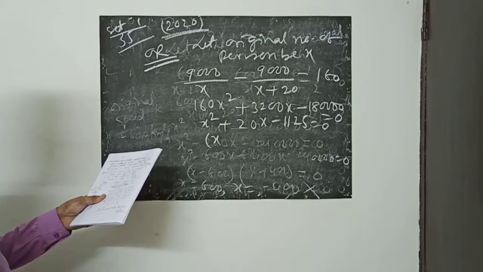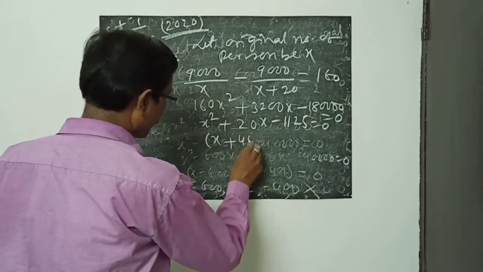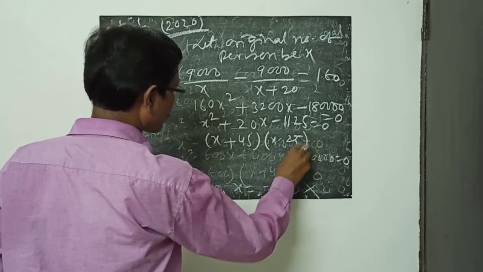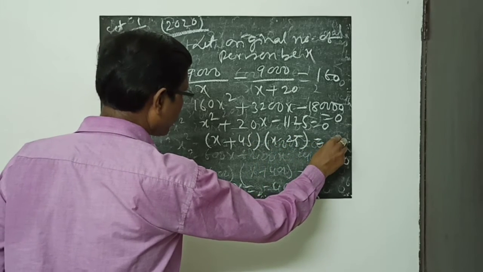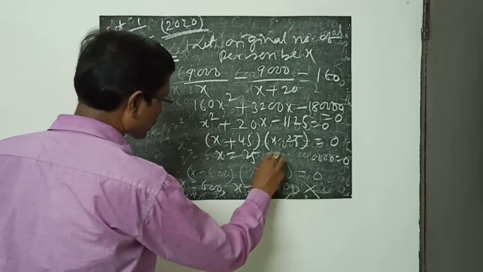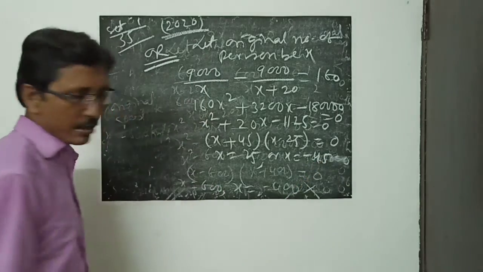By middle term splitting, with 45 and minus 25, we get x plus 45 into x minus 25 equal to 0, so x equal to 25 or x equal to minus 45.